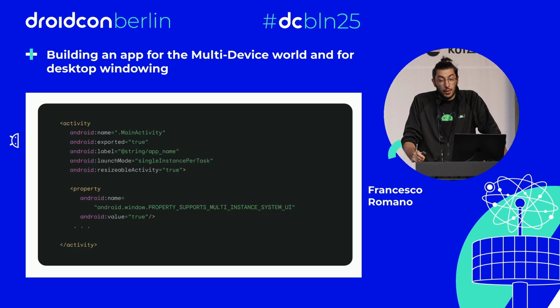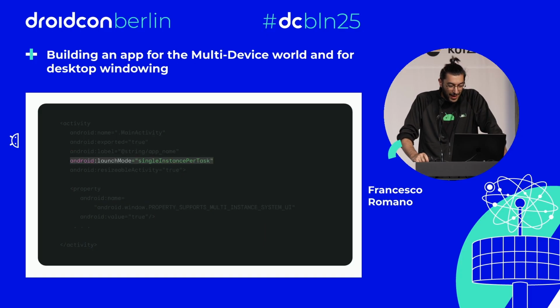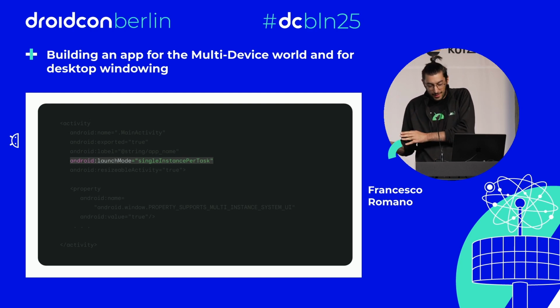First of all, in order to support multiple instances, you need to define a launch mode for your activity that supports multiple instances. In this case, I picked a single instance per task. That means that this activity can only run as the root activity of the task, the first activity that created that task, and therefore there can only be one instance of this activity per task.